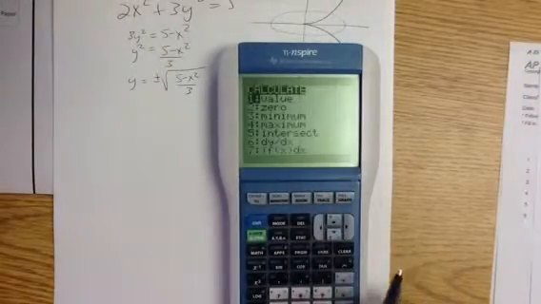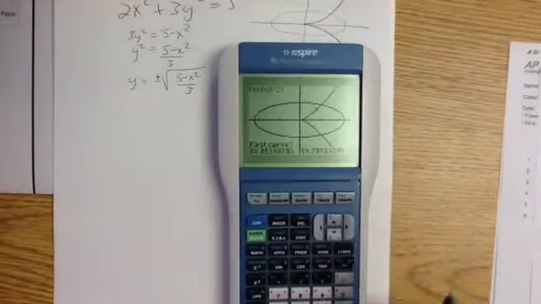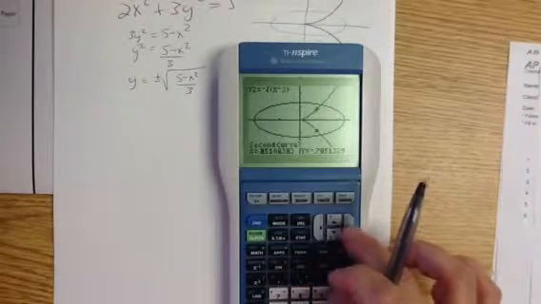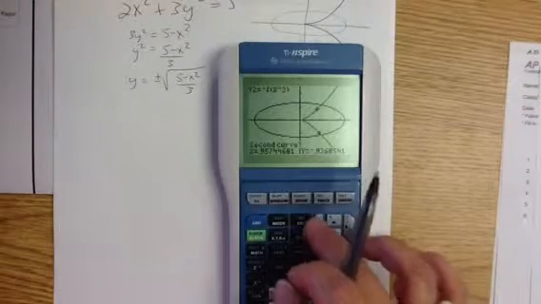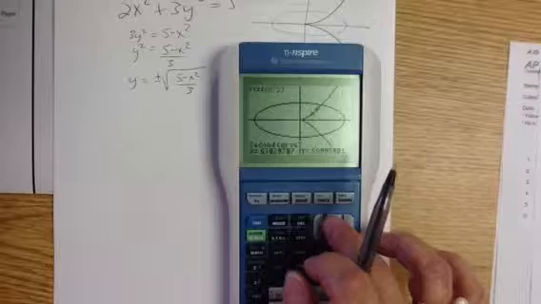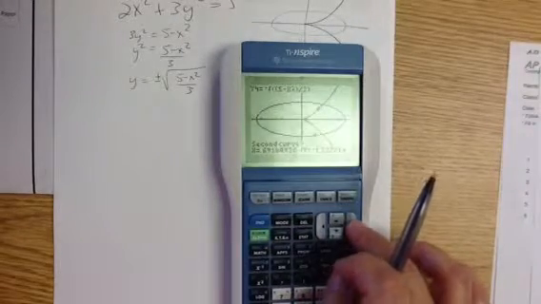Second calc, intersect. I need to move close to this intersection, go to the next curve. I don't want that one. Nope, that's not the right curve. So let's try, nope, there we go. And now I'm going to move it.